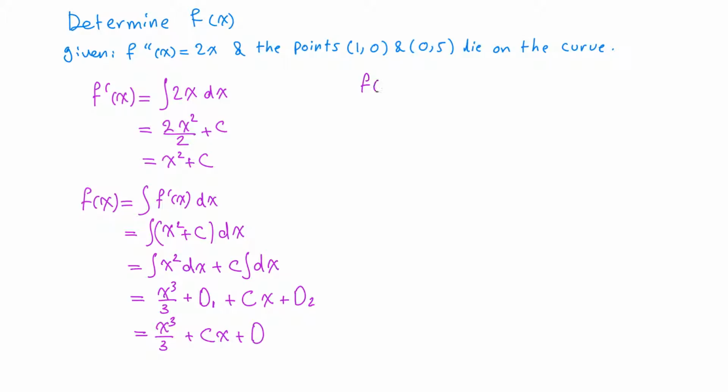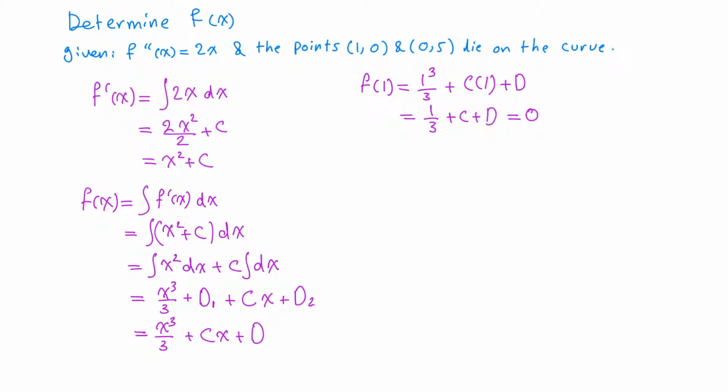I know that f of 1 is equal to, instead of x I will plug in 1 cubed over 3 plus c times 1 plus d, which is equal to 1 over 3 plus c plus d. And I know that this is equal to a value of 0. So that's using this point over here.